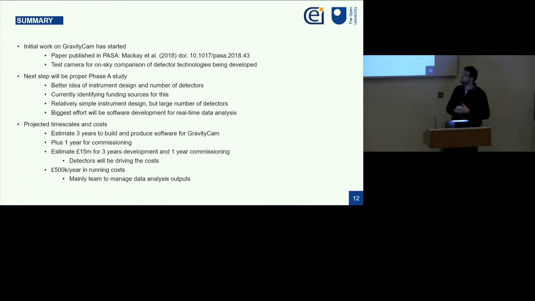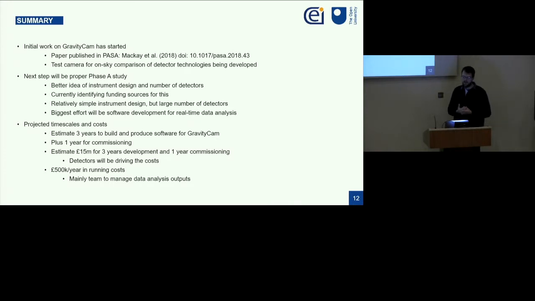The next step is to do a proper phase A study. It will give a better constraint of the instrument design, the number of detectors that is needed, and the optimal design for that. We're currently trying to identify where to get funding for such a phase A study.